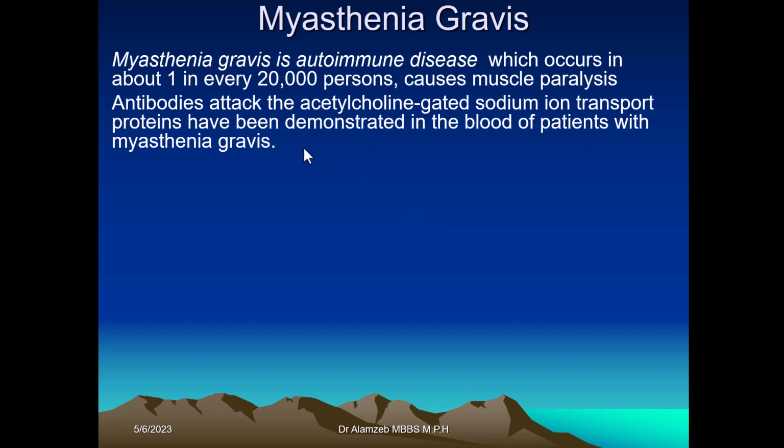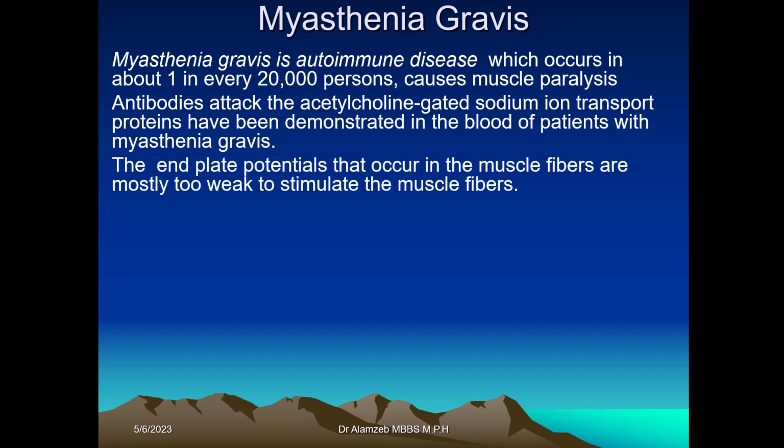These antibodies, present in the blood of such patients, destroy the acetylcholine gated sodium channels present on the muscle membrane, which are made of 5 proteins: alpha, beta, gamma, and delta. They destroy that protein.